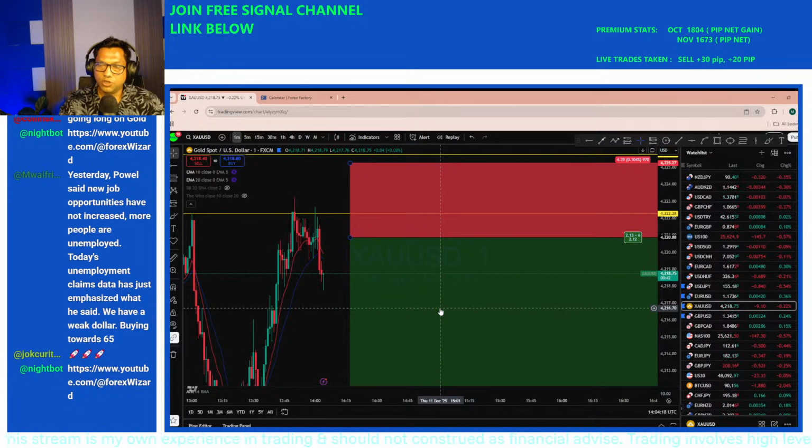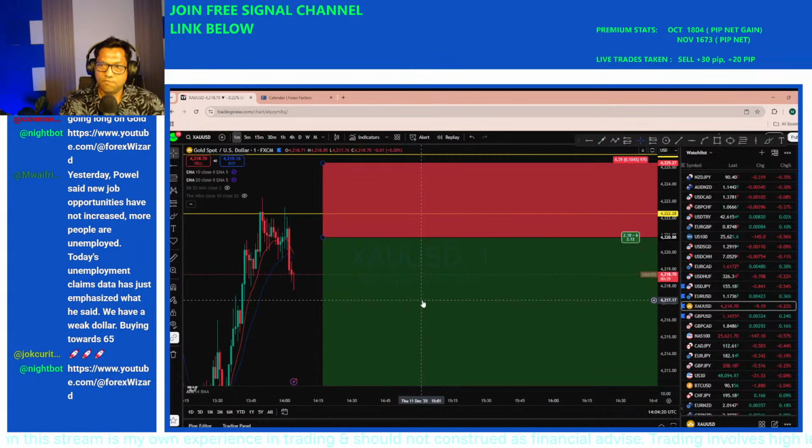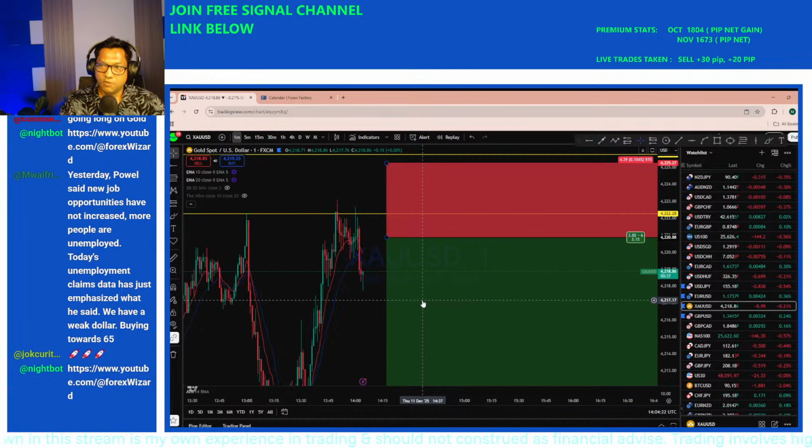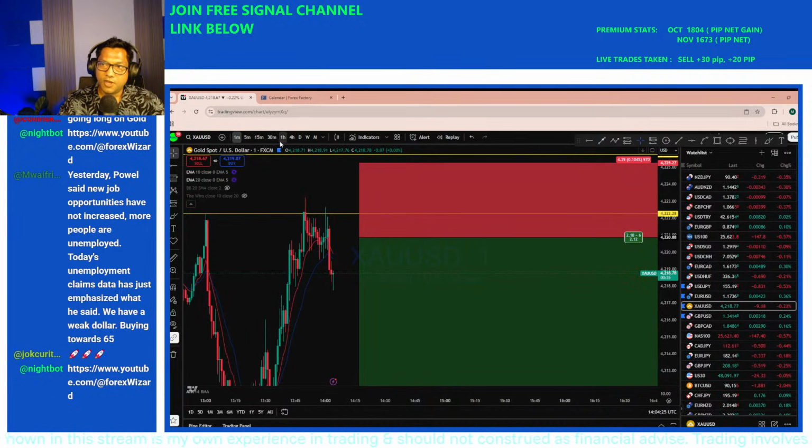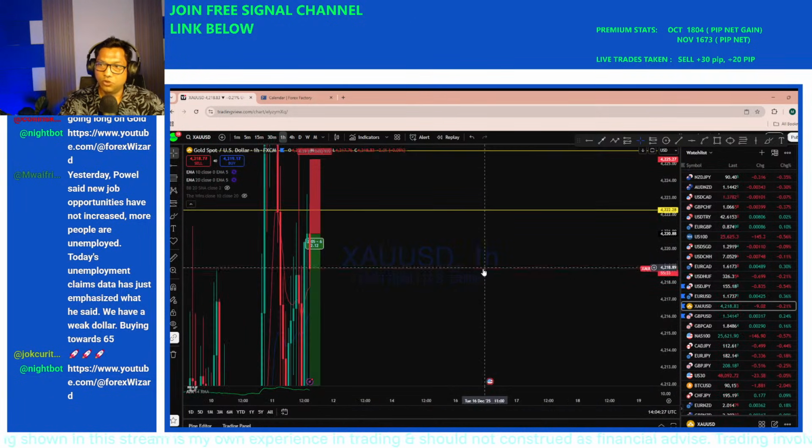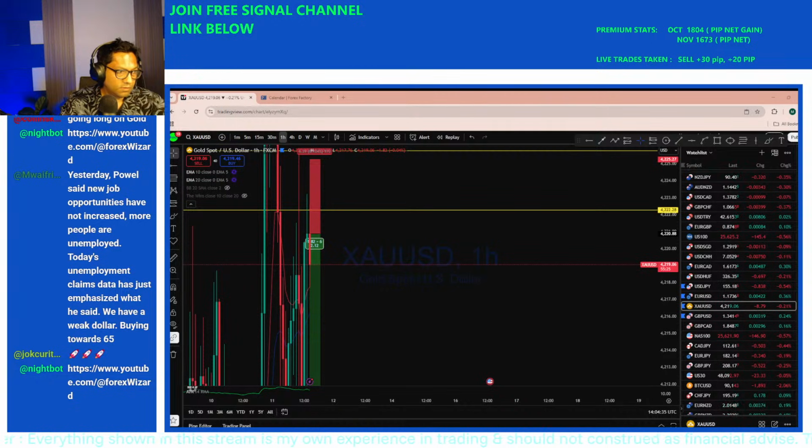So I'm out of the trade with the running profit because the market was pretty choppy, and at the end of the session we might see the trend, but at the moment we can see that there is a very interesting market structure being formed.